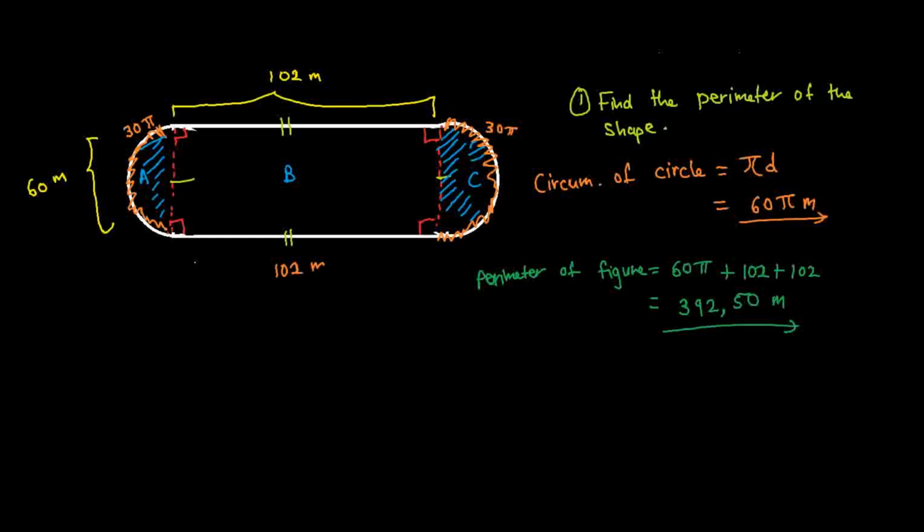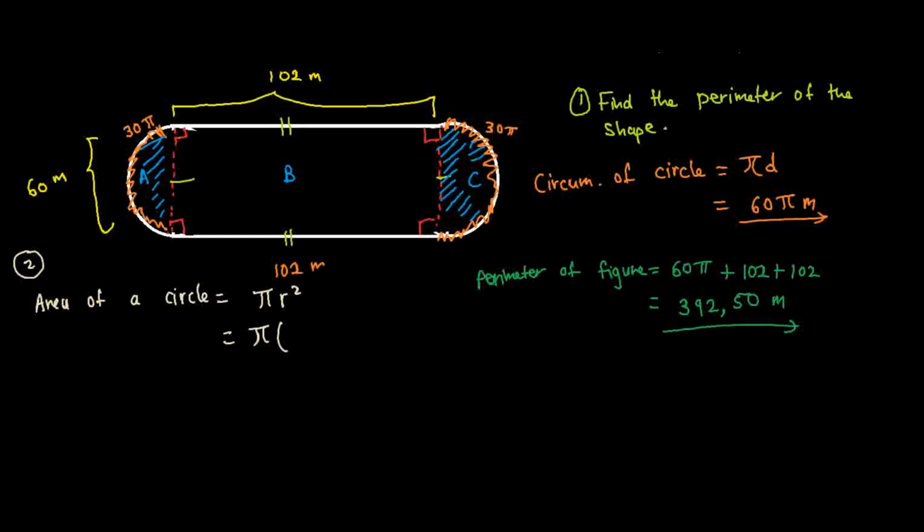So let's do that. So we have the area of a circle is equal to pi r squared. So this is question 2 of calculating the area of this particular shape. It's equal to pi multiplied by the radius.